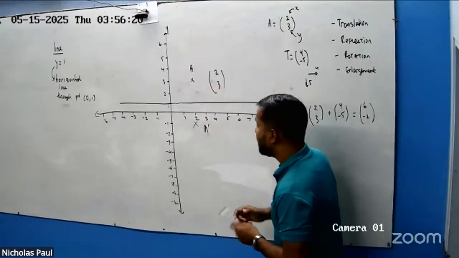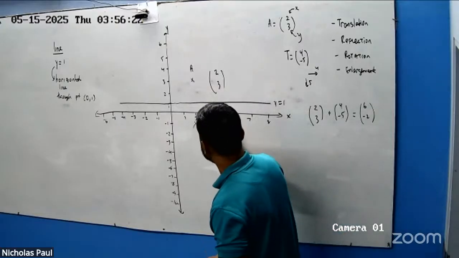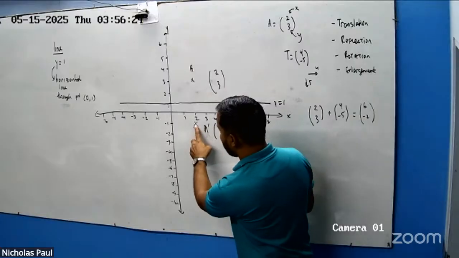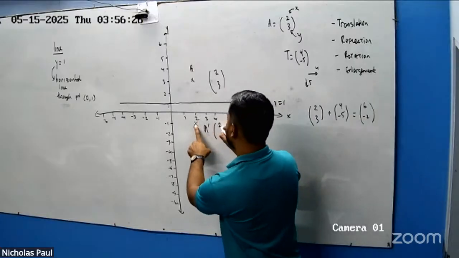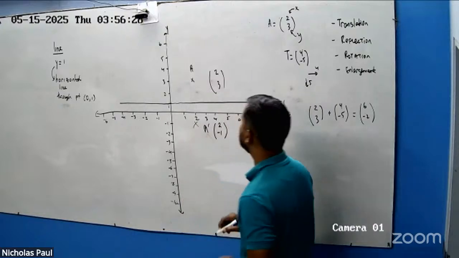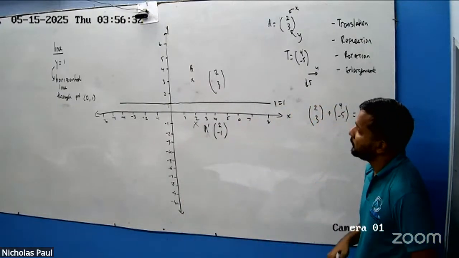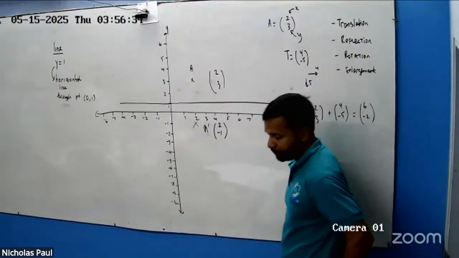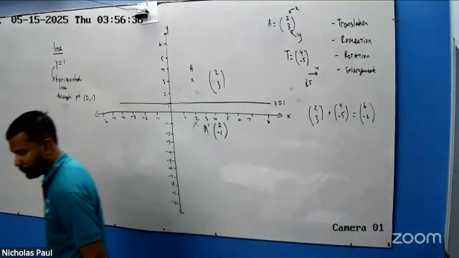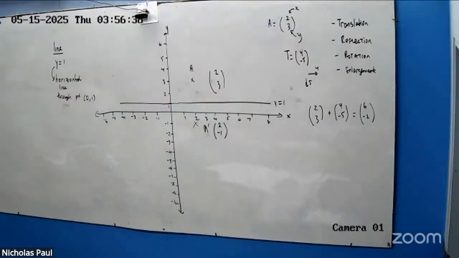So the answer will be 2 minus 1. It must be equidistant. Please join the mirror line.